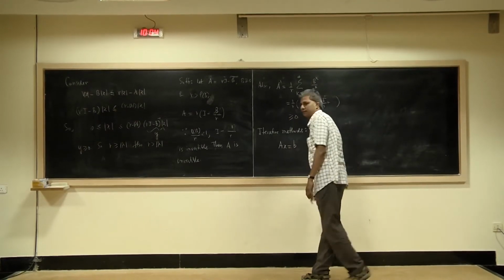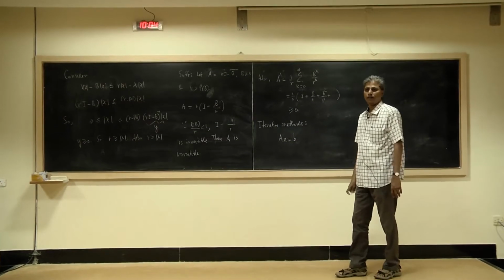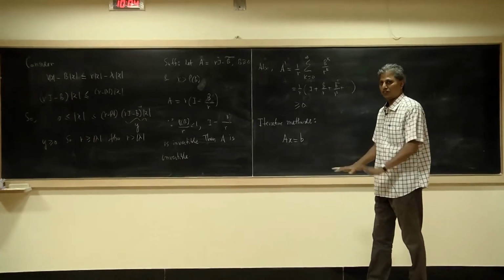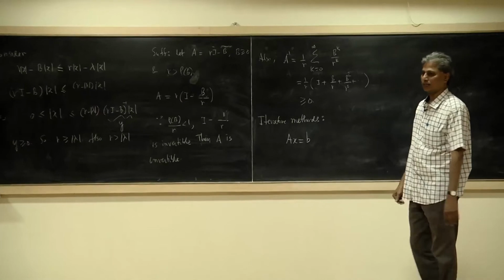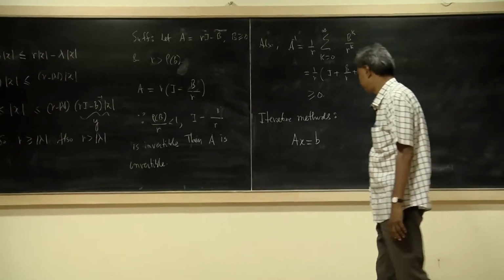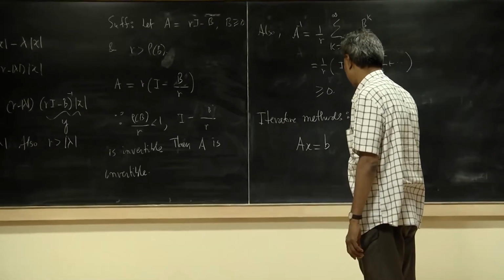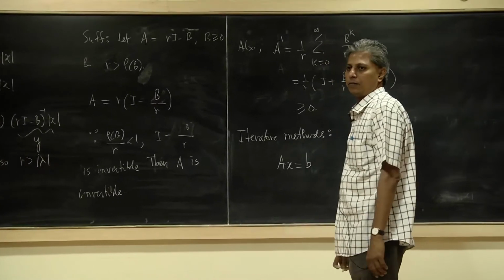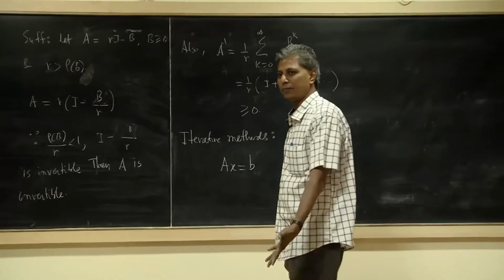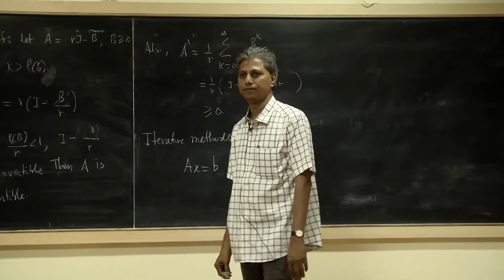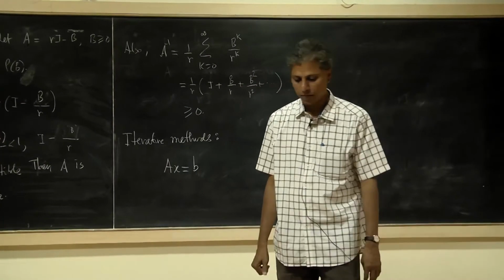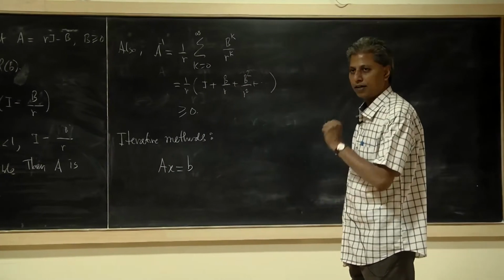Take the case of Ax equal to b. In most of today's lecture, A will be a square matrix. You can have complex entries. How does one solve this? Direct methods are there, but direct methods will not be our concern now. I'll be looking at iterative methods.